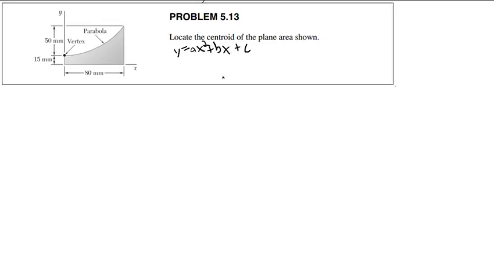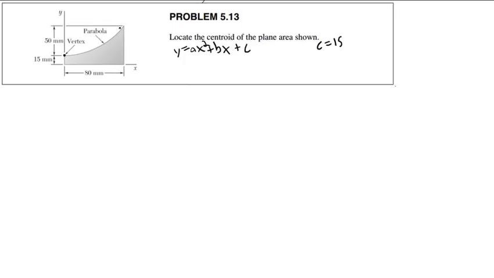I know c in this case is going to equal 15, because the vertex is clearly at 15 when x is 0.